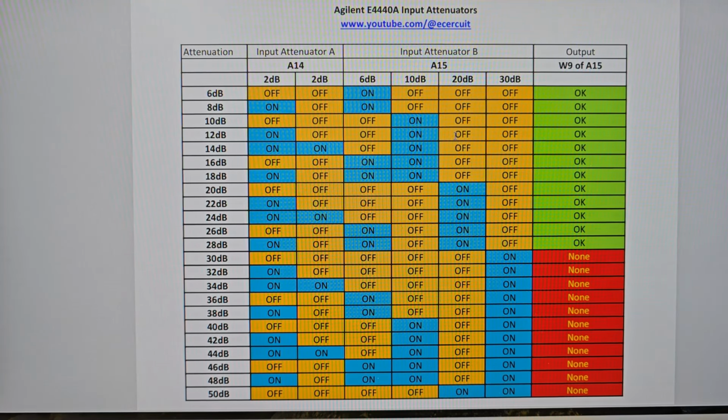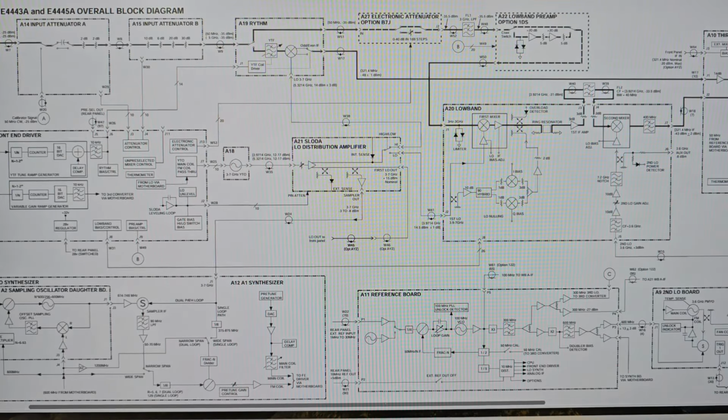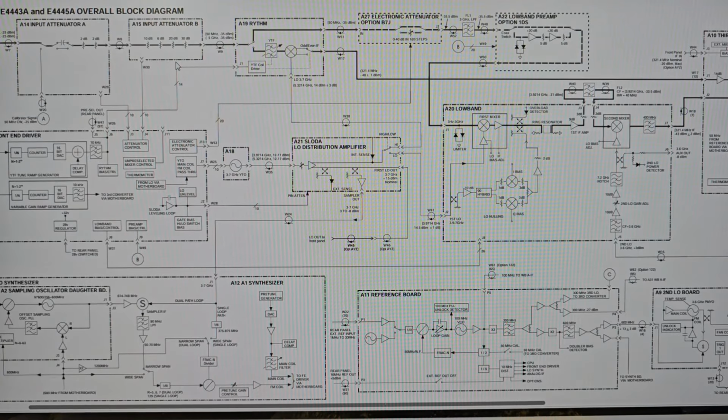Because this attenuator module is very expensive, unfortunately, I cannot afford to purchase the module. So I'm not sure if I could fix this one, but I know what the problem is.